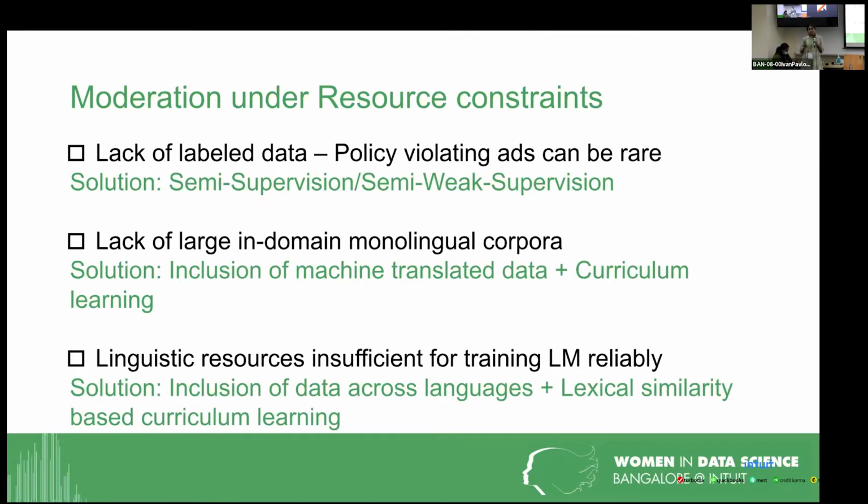Then let's say you don't have machine translation ability, or the machine translation doesn't do a good job for a particular language. Then can we retain each of the data sets in their own language and still use this data to learn well? There we again use curriculum learning, but we use the concept of lexical similarity.